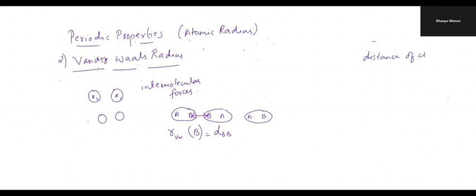When they are very close, how much is the distance? Closest approach, divided by 2.